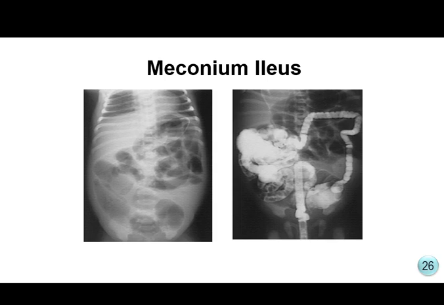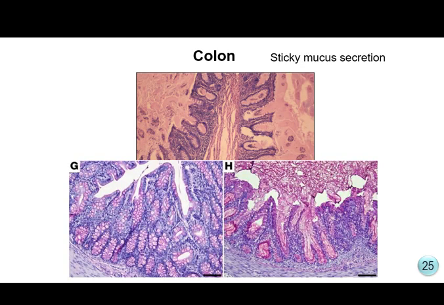And in the colon, your large intestine, on the left is the normal histology of the colon section. The colon has a lot of goblet cells, which normally secrete mucus to help you pass out your stool, right? So you'll see a lot of bubbles in here.